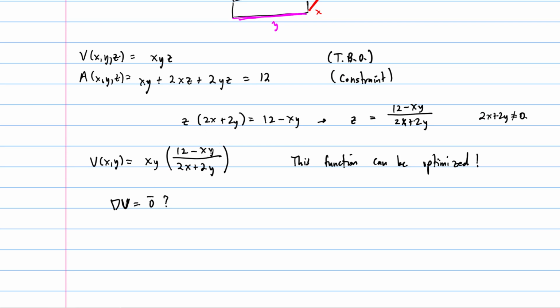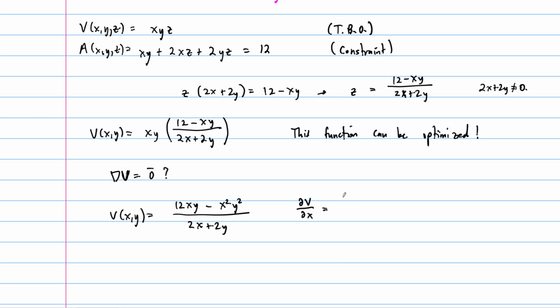So let's multiply through. We're going to have to take some partial derivatives here, right? So our function V of xy is going to be equal to (12xy minus x squared y squared) over (2x plus 2y). So dV by dx is going to be a quotient rule, right? So the quotient rule says: below, 2x plus 2y times the derivative of the top with respect to x.